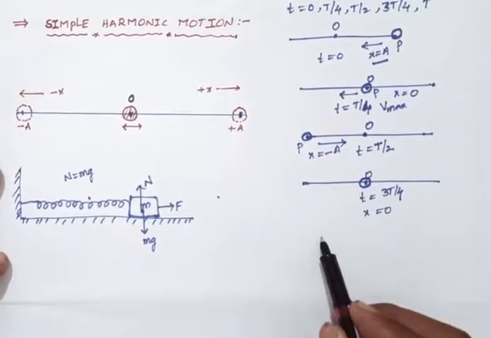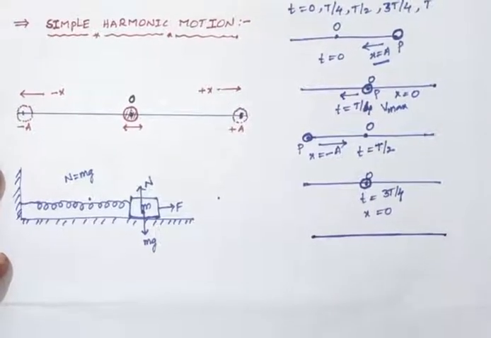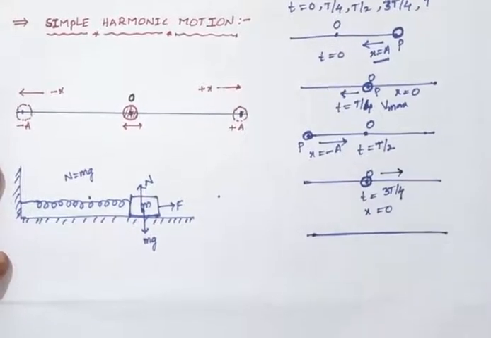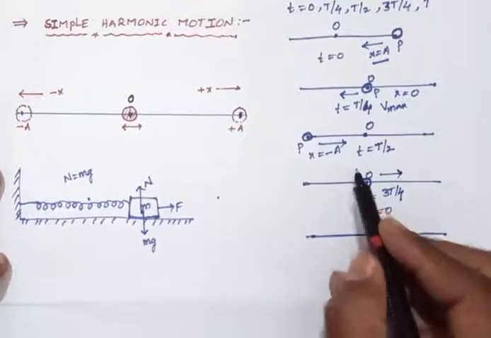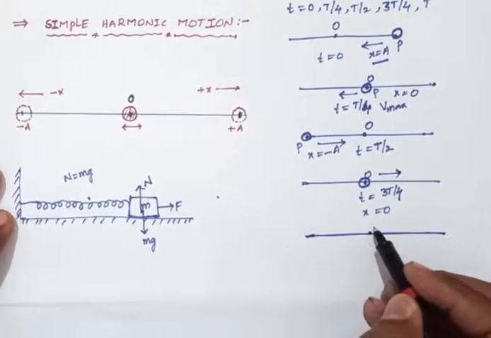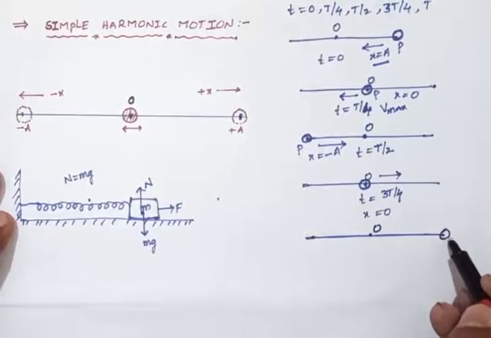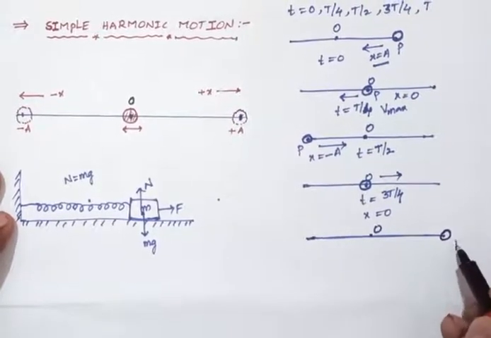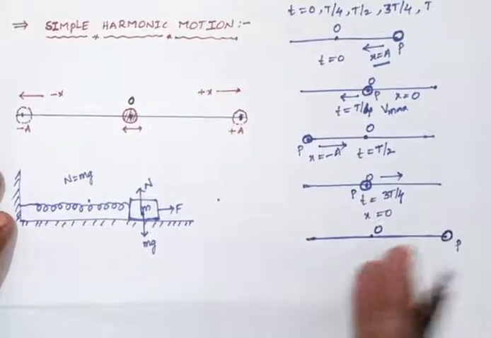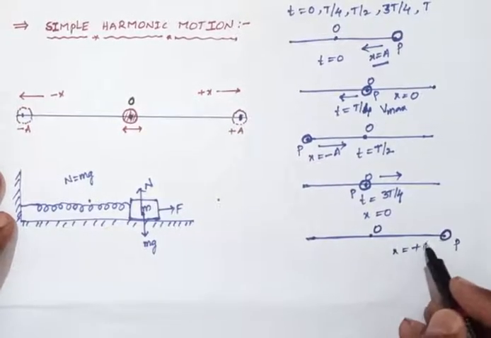Then for the next position, we take the path. The particle moves in this direction, through point O, the mean position, and the particle P is at the same maximum amplitude, so x equals plus a.